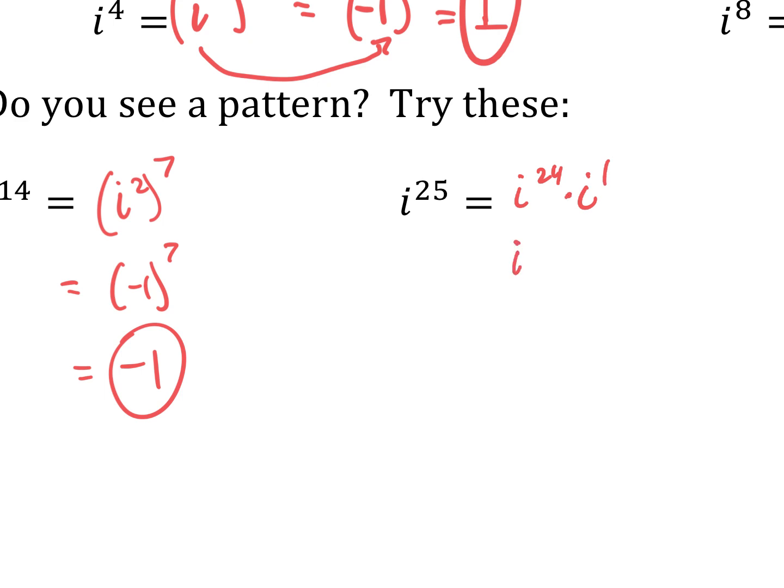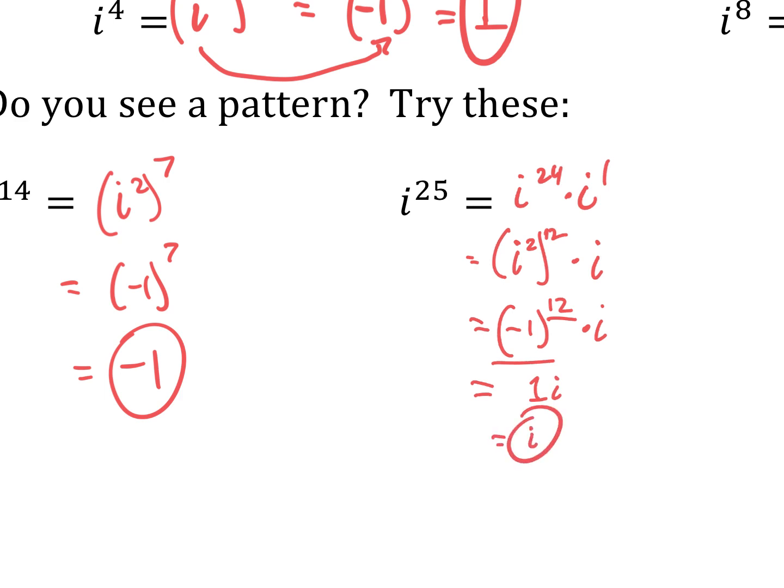And so we could think of this as i squared to the 12th, right? Because we know i squared is negative 1 to the 12th. And negative 1 to the 12th, since that's an even number, every pair of negative 1s that we multiply together is going to be a positive 1. And so these are 6 pairs, and so this is going to be 1i, or just i.